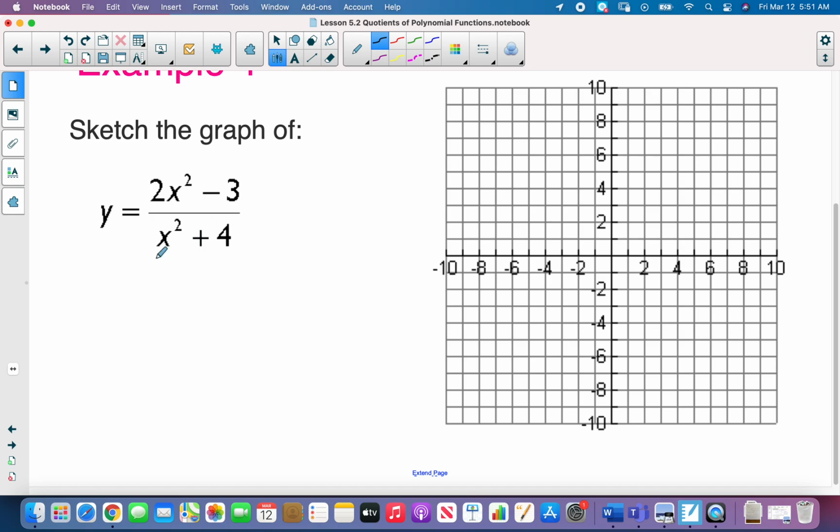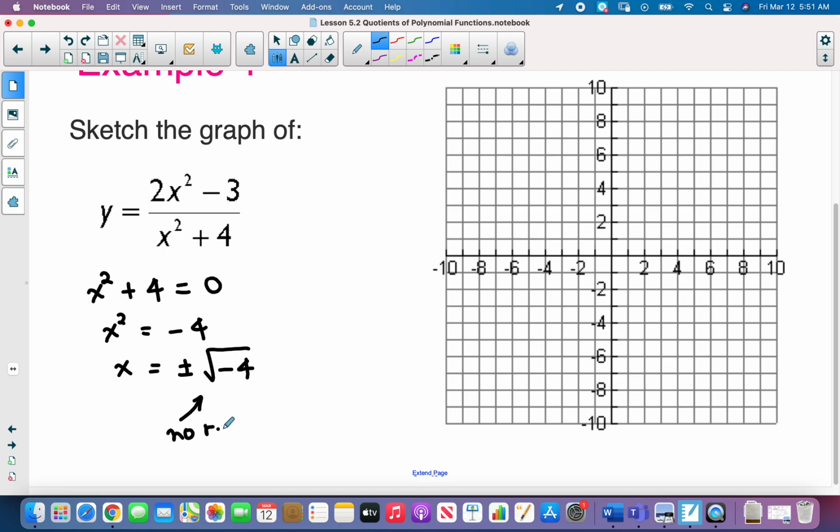Because if you put x squared plus 4 equal to 0, you get x squared equals minus 4, and x equals plus or minus the square root of negative 4. So you notice here that there are no real roots because you're finding the square root of a negative number.